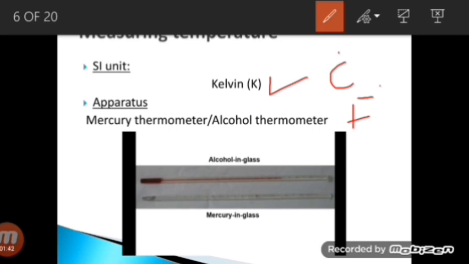The thermometers can be mercury thermometer or alcohol thermometer. Here you can see alcohol, and this one is mercury thermometer. These are the thermometers which are used to measure the temperature. A temperature sensor is sometimes connected with a data logger in order to measure the temperature and make more accurate readings.